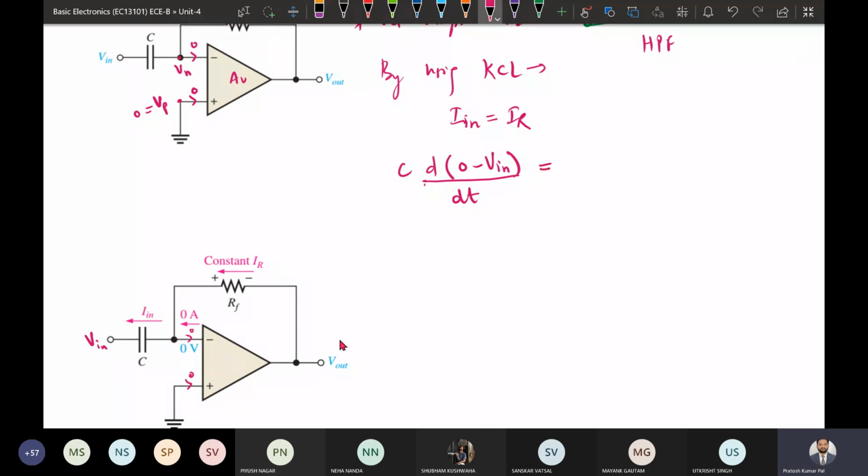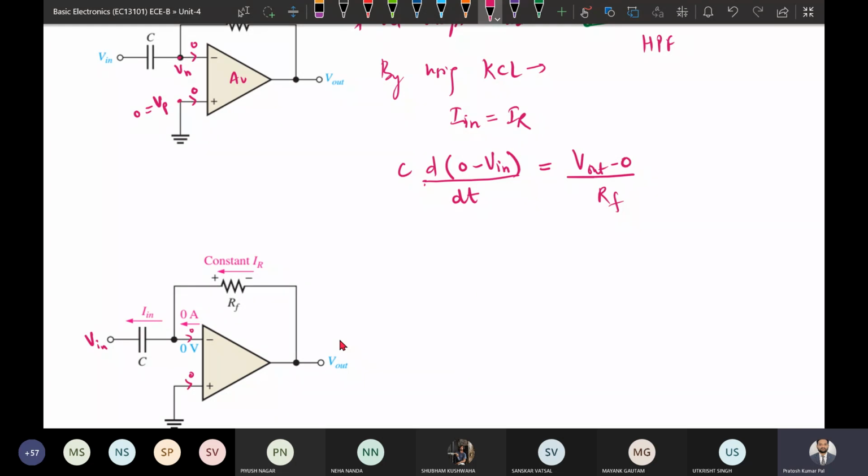That will be equal to the current through this resistor. This is moving from V output to 0. That's why the current direction is this way. So V output minus 0 divided by R. This is how we can implement KCL.